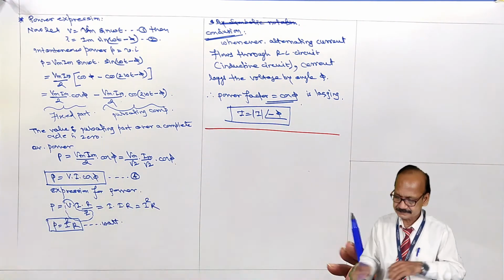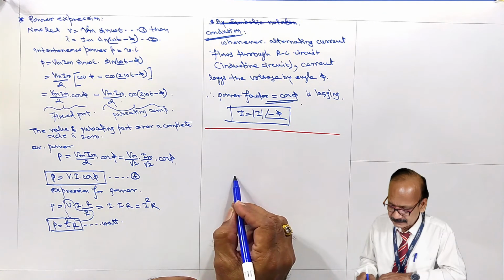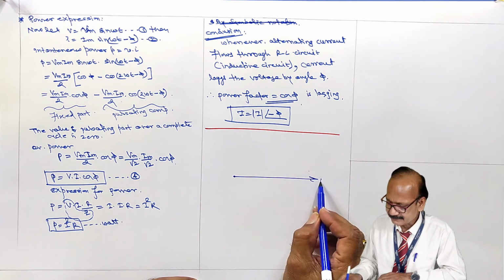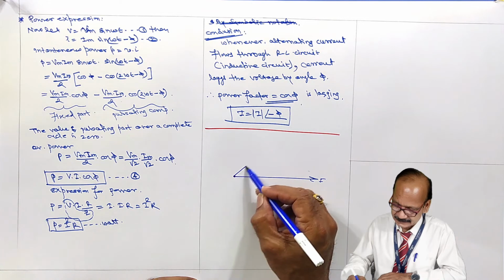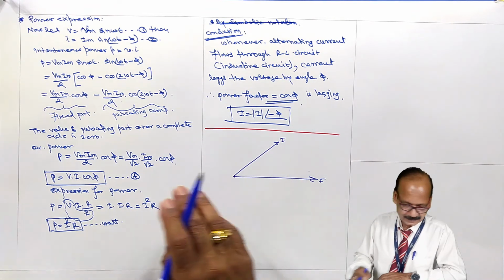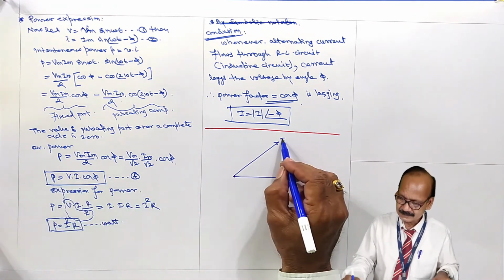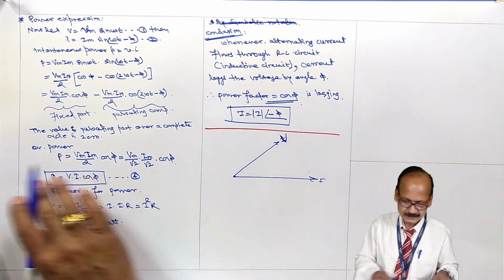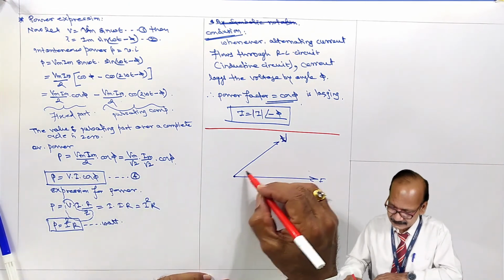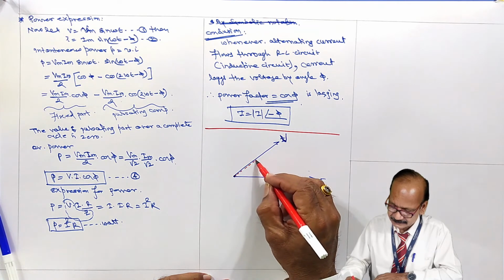Say this is the current as a reference phasor. See, this is phi. Now resolve current into two components.